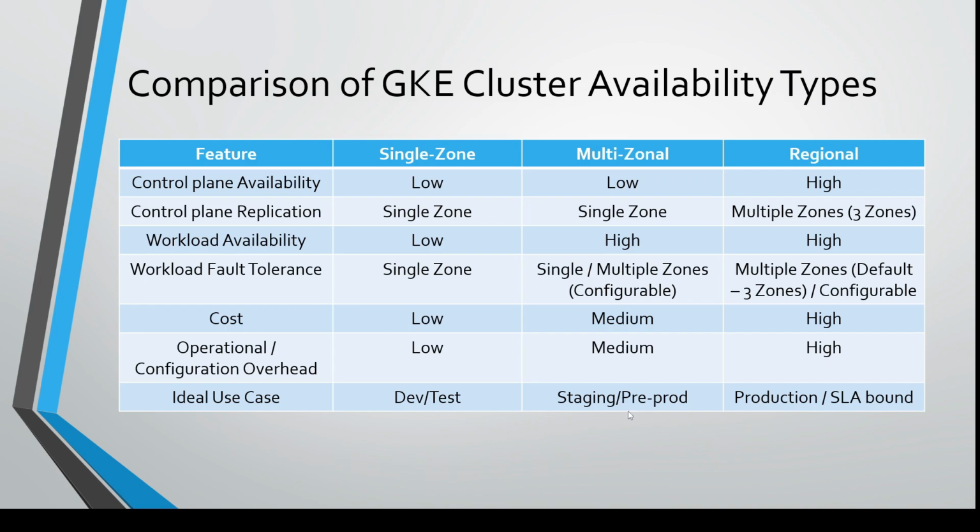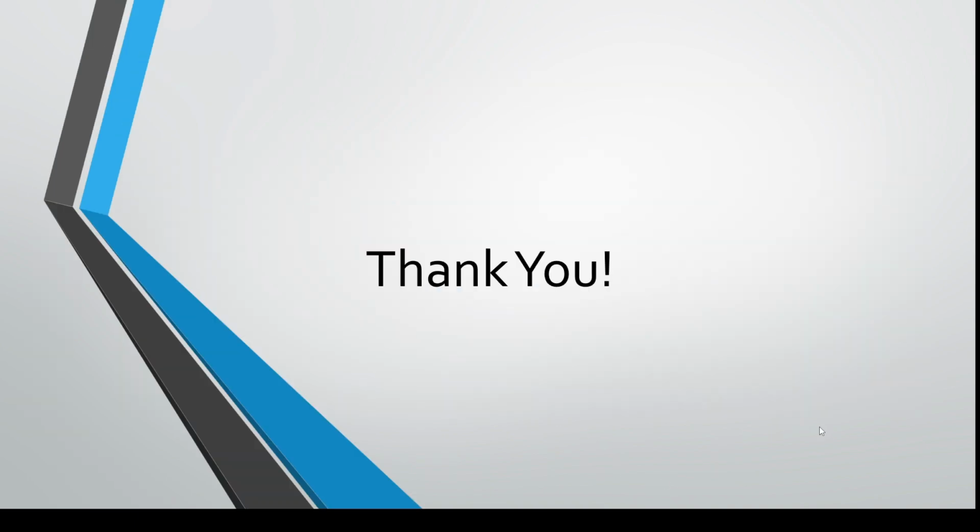You can take a minimal downtime for it since it's not an SLA bound environment, right? And the regional cluster's ideal use case is a production or SLA bound environment, or a non-prod environment which is bound under SLA as well. And for production mission critical applications, you can use regional clusters, right? So yeah, that's pretty much it.